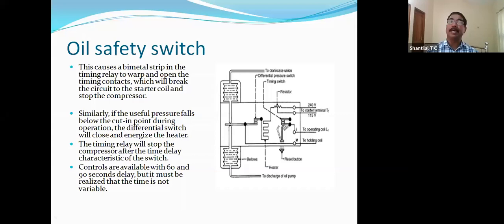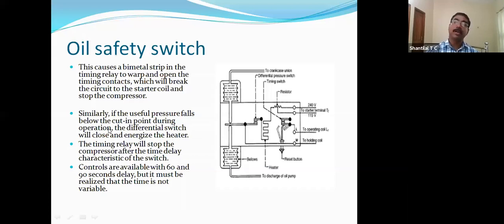Initially, it allows running up to 3 minutes. After 3 minutes, it does not allow the system to run. Or, if while working the oil leaks or is reduced for any reason, the heater heats and disconnects the compressor motor. In this way, it controls the oil pressure in the compressor.